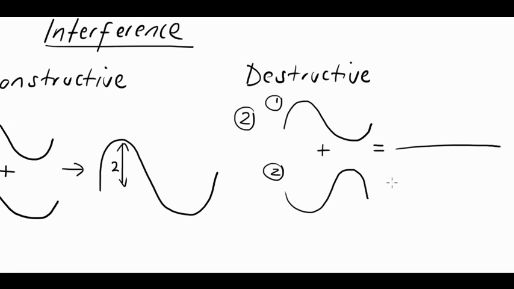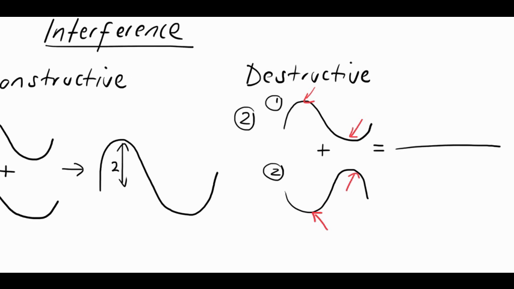In other words, they completely cancel out. What's happening here is the crest of one wave is meeting the trough of another wave. And at this point here, we have the trough of the first wave meeting the crest of the second wave. Now when crest meets trough or trough meets crest, they will interfere destructively to form a line like this, a wave where there's no vibration.